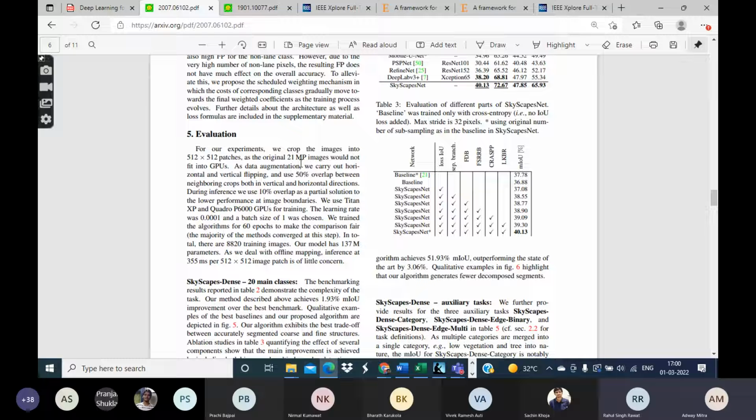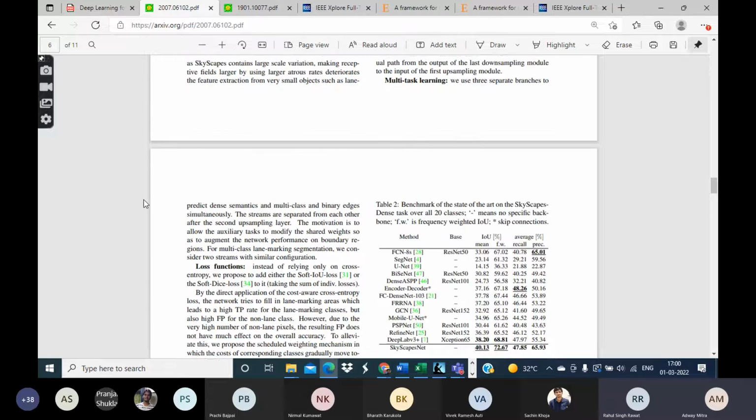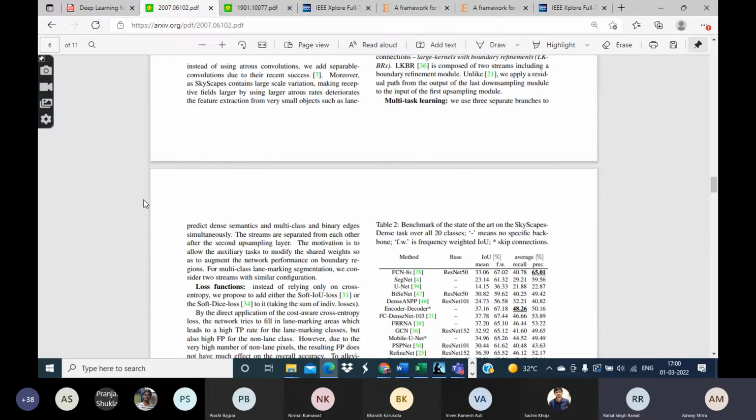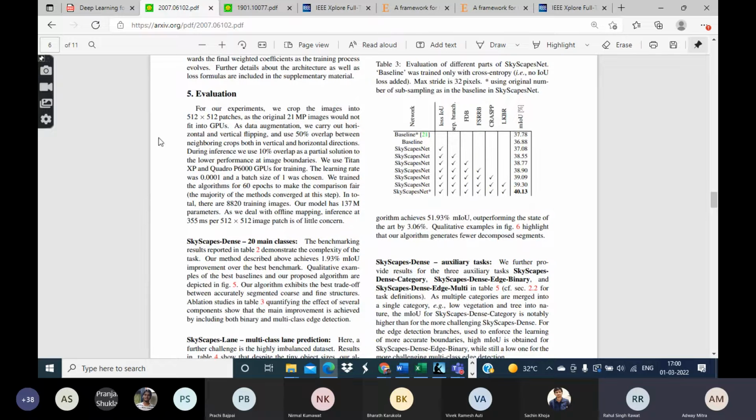They do not have a sufficient number of images for training such a detailed network, so they crop the images they have. Each image is of size 5,000 by 3,000, but there are only 16 images like that because these are extremely expensive images.